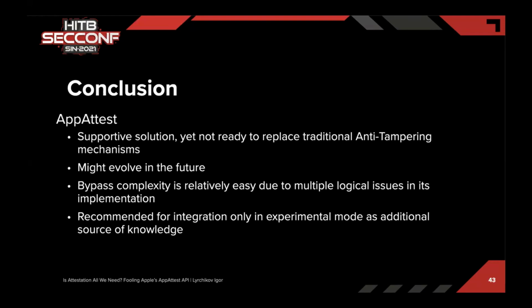So I'm talking about anti-tampering, jailbreak, and hooking detection. It will help you ensure that the information provided by AppAttest is not modified in the first instance, sometimes even prior to the first usage of this AppAttest API.